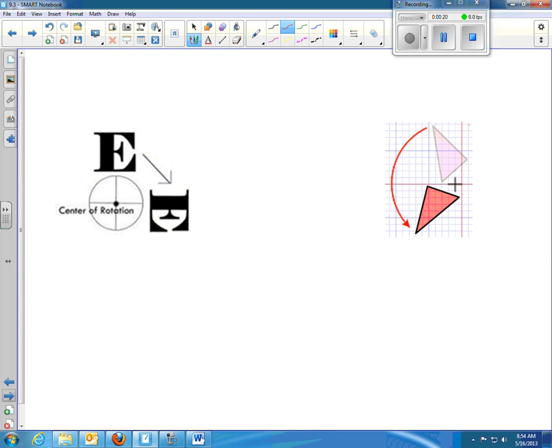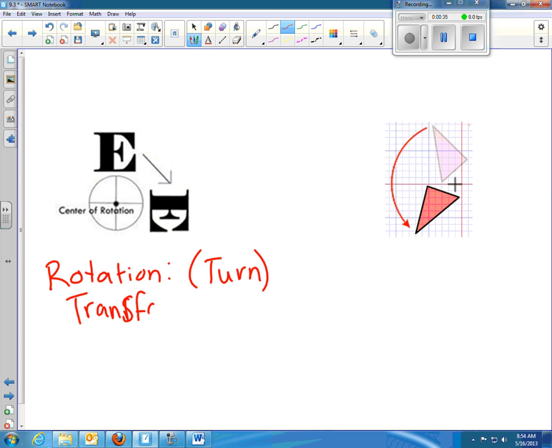You're probably going to want to put it between the pictures on your paper. A rotation, also known as a turn, is a transformation around a fixed point, and we also call that fixed point the center of rotation.